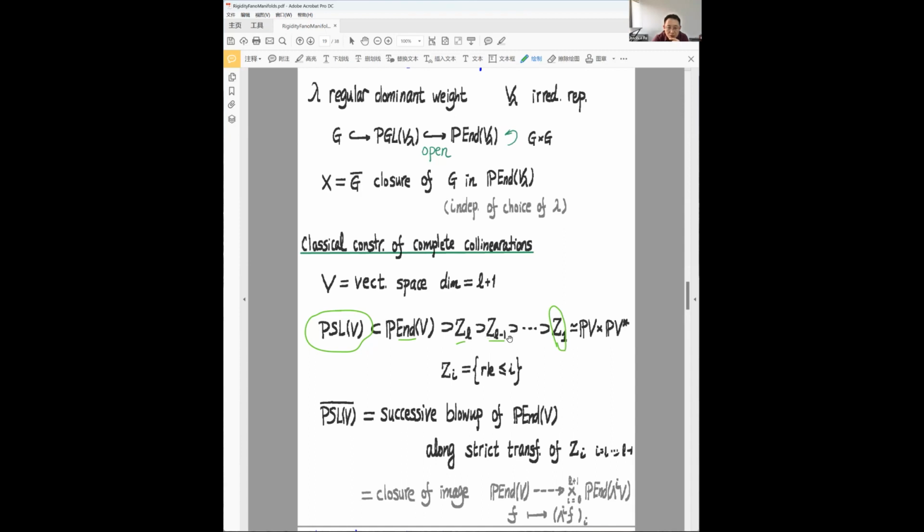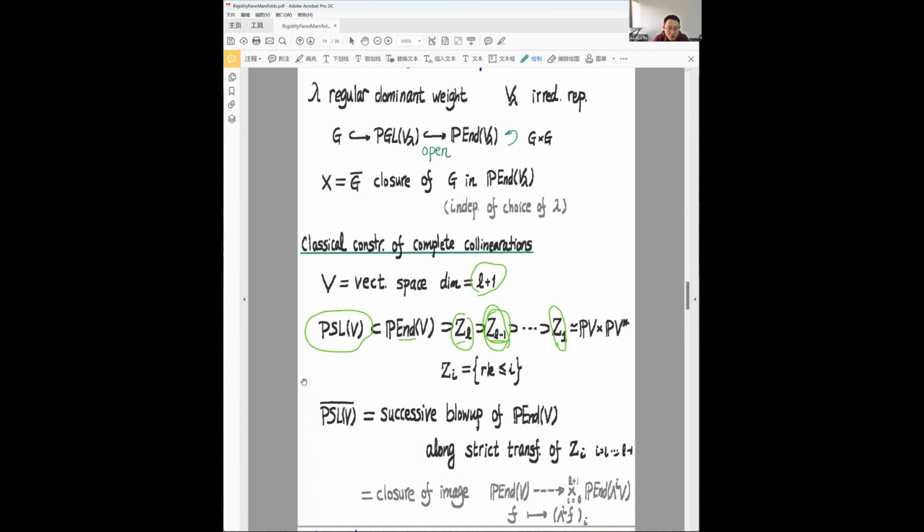In the last step you blow up the strict transform of Z_{L-2}, because Z_{L-1} becomes a hypersurface. This is L plus 1. So this is a hypersurface, and you blow up till the strict transform of Z_{L-2}.